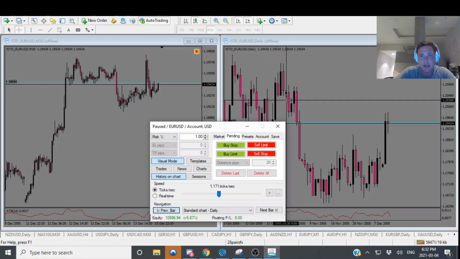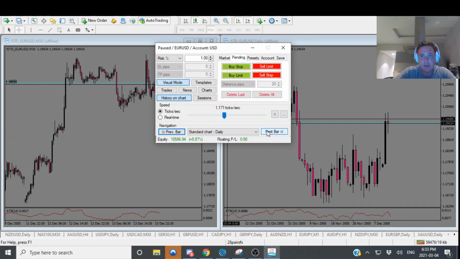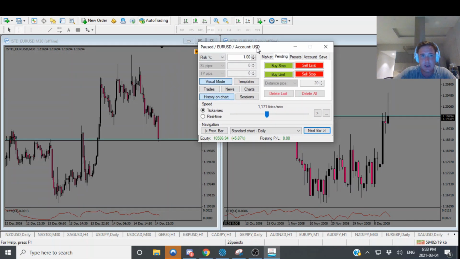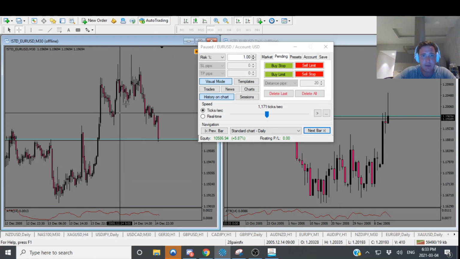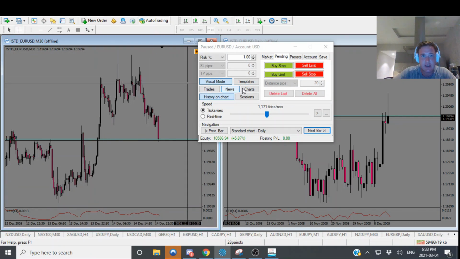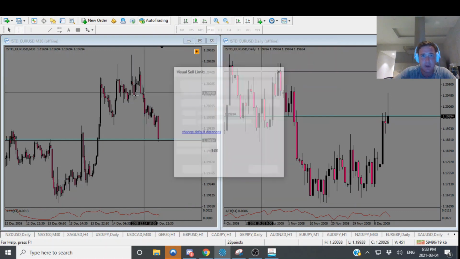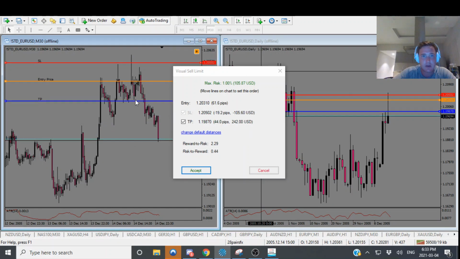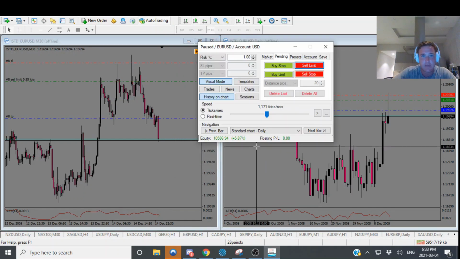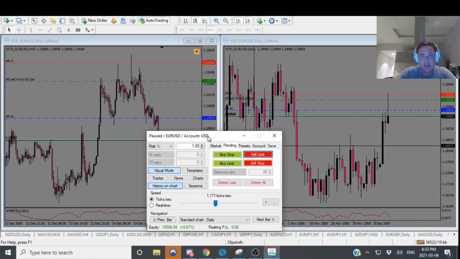So I do like this area of supply up here. Let's make sure price goes up into it, breaking upward momentum, removing the opposing zones. Let's try selling here. Visual mode, sell limit. Two to 1. Pretty simple.